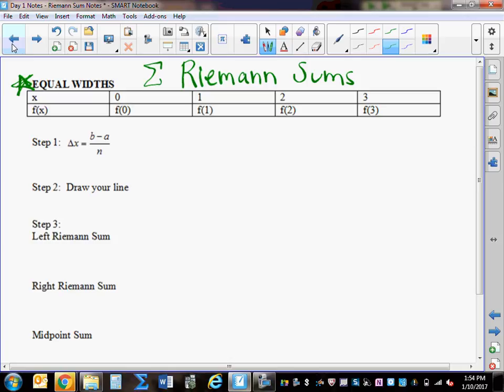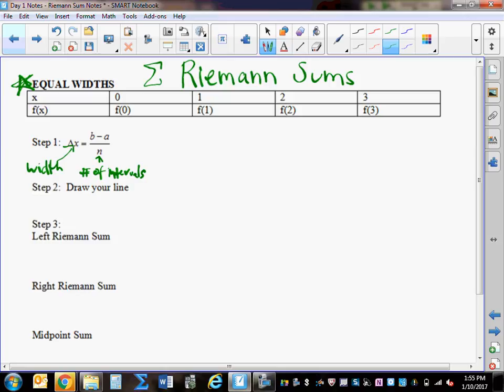That delta x, which is that change in x, is simply the width of that rectangle. It's your end point, your upper bound, minus your lower bound, your starting point, divided by however many intervals we have. So n is the number of intervals. And again, the problem will communicate that to you in one way or another.